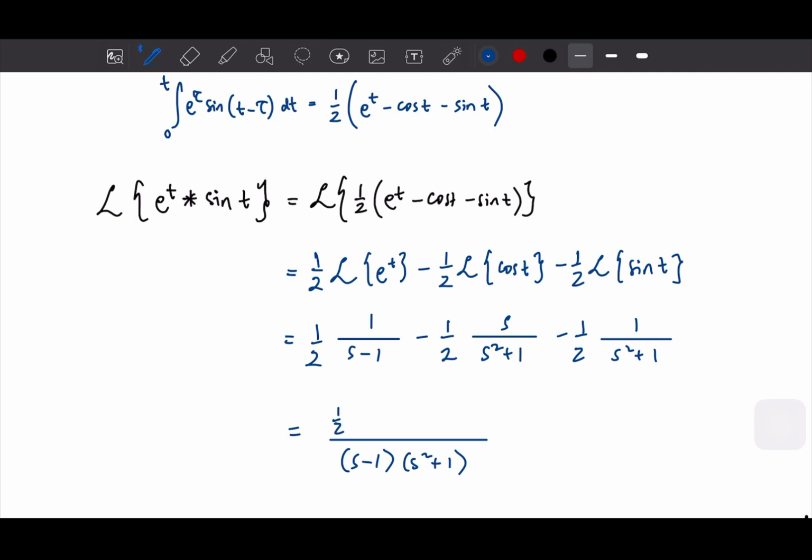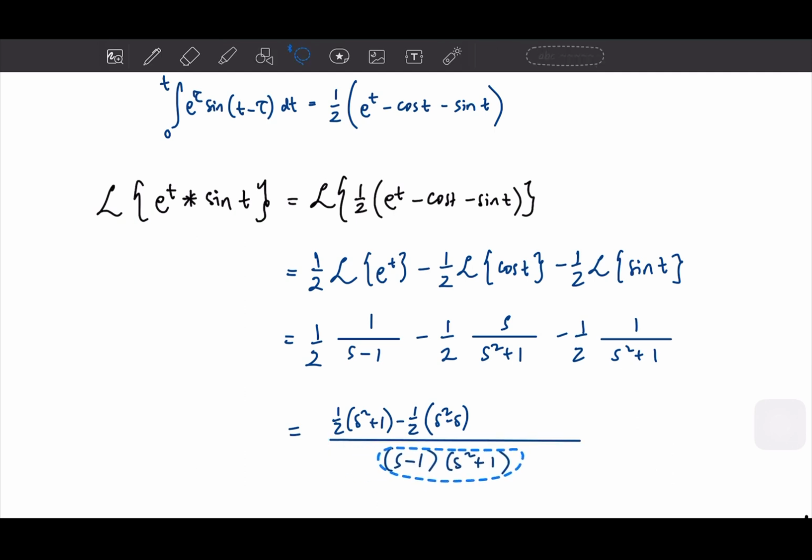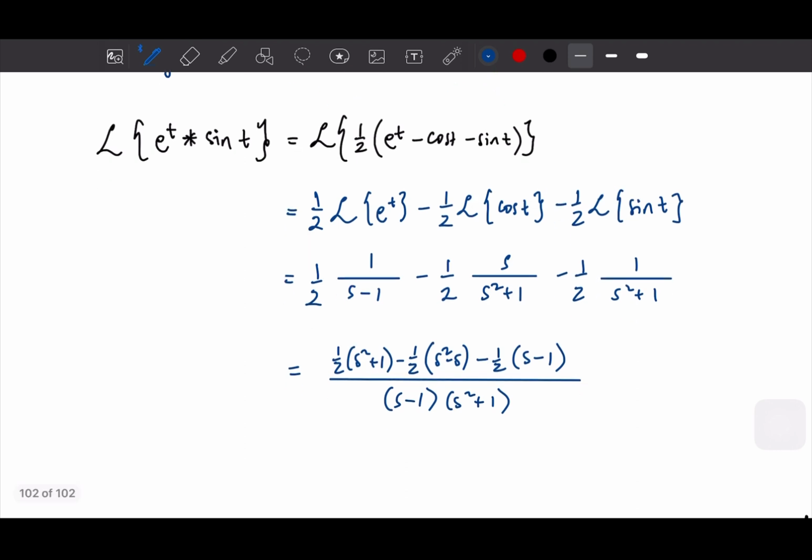So this is half s squared plus 1, cancel this part, plus half s, this cancels.